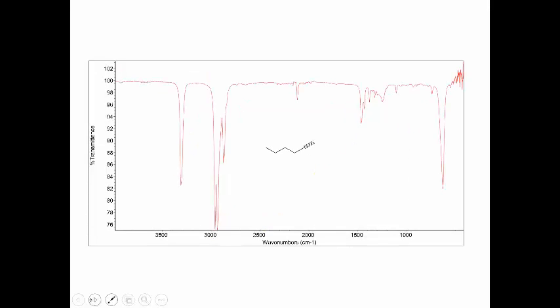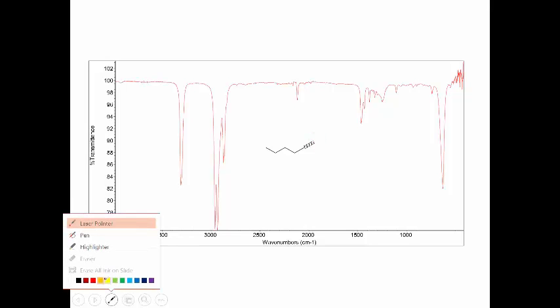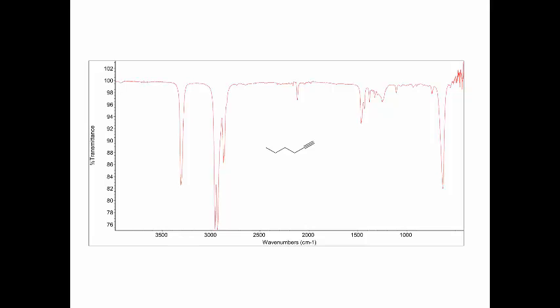The next spectrum is an alkyne, and this is an unsymmetrical alkyne. It's also called a terminal alkyne, and what that means is that we have a hydrogen on this end here, carbon hydrogen bond.